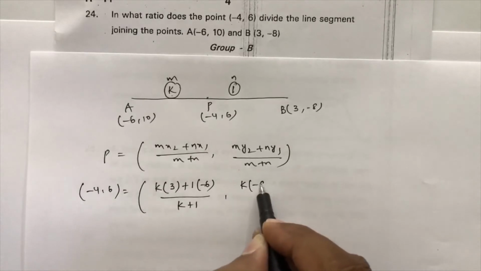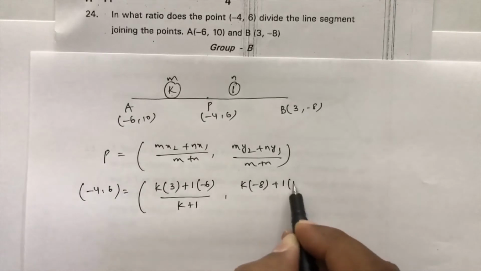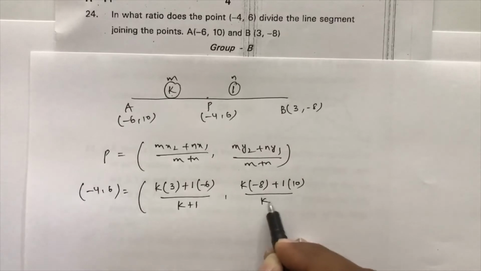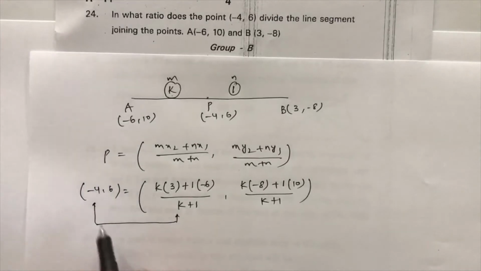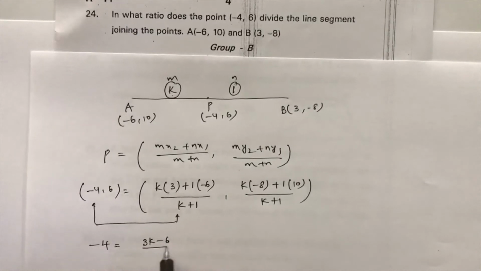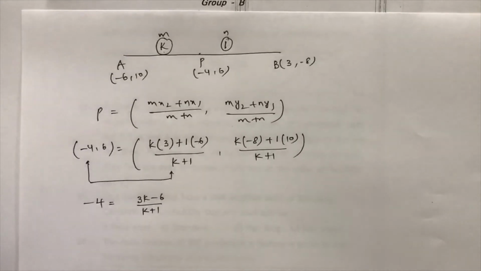K, y2 is minus 8, plus 1, y1 is 10, by k plus 1. Now equate abscissa with abscissa. So minus 4 equals 3k minus 6 by k plus 1.